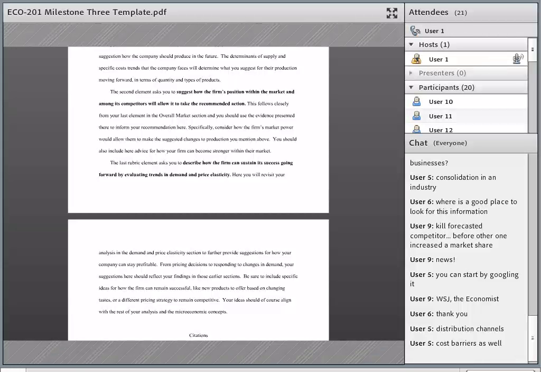So you'll revisit the trends in demand and the price elasticity that you determined for your firm and see how they're going to address those trends in demand in terms of what they're offering their customers, and in terms of their pricing decisions. How are they going to remain profitable, knowing which side of elasticity they fall on, whether inelastic or elastic demand?